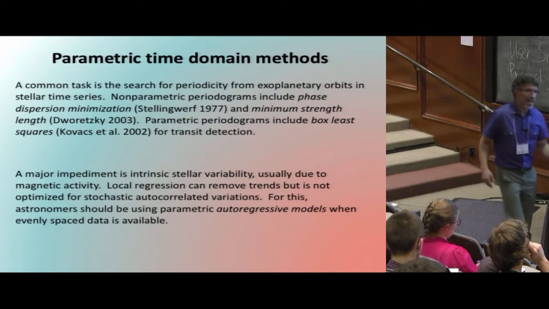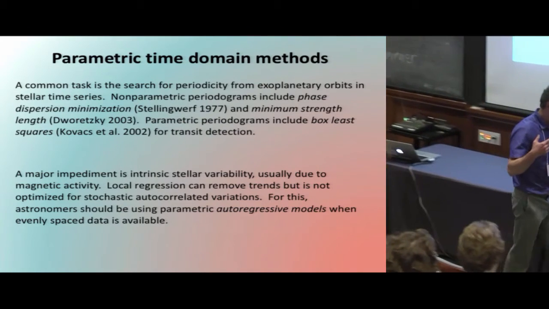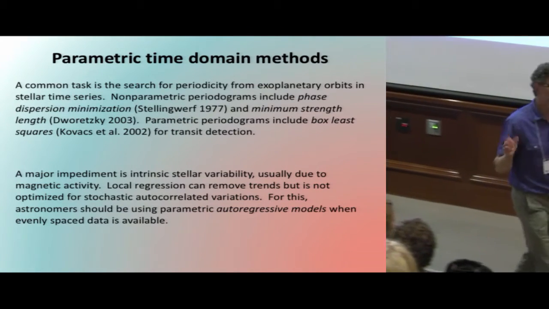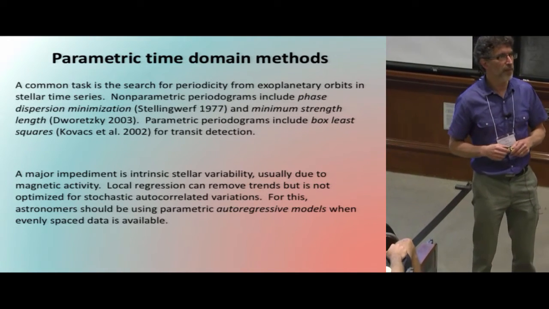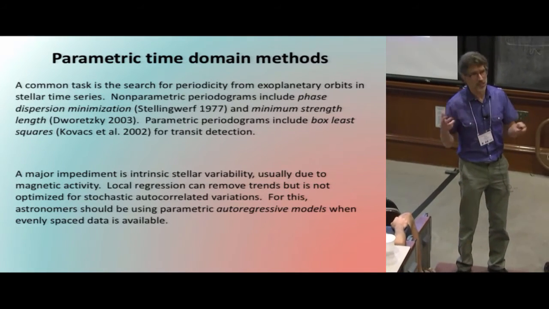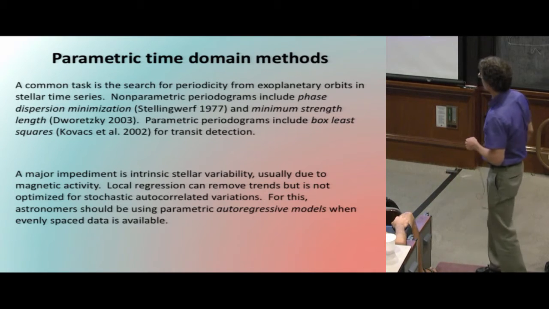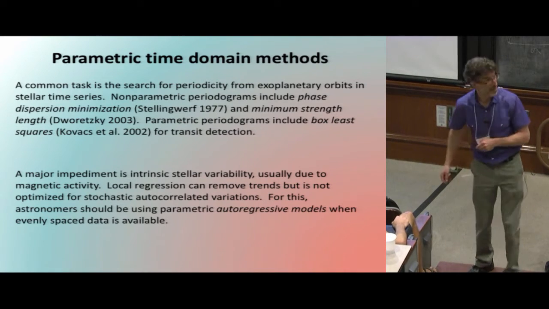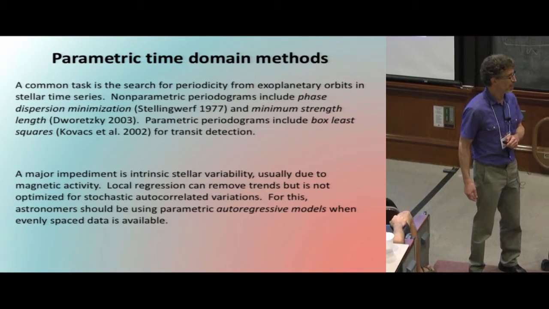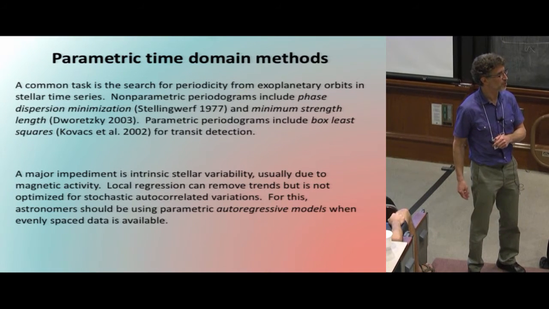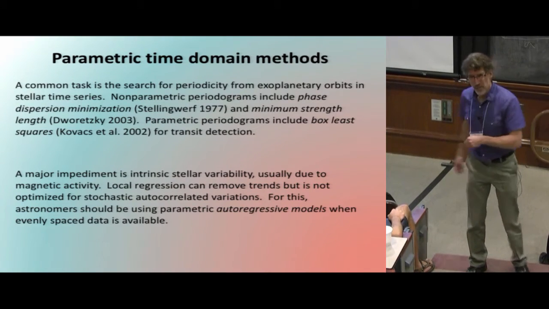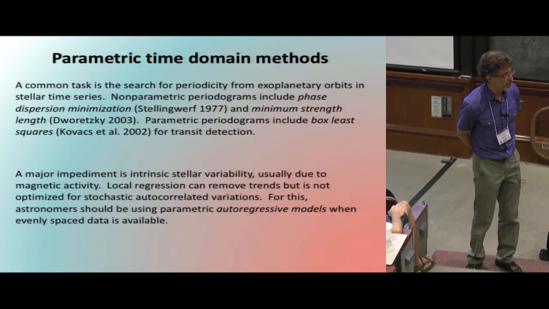The problem with it is that it has an arbitrary guess. You don't know how many bins to divide it into. And then it uses Gaussian statistics, just chi-squares and so on. It's not necessarily bad. In fact, Stellingwerf's method is actually rather good. I would say roughly 1,000 papers in astronomy have used it, mostly in variable star research.